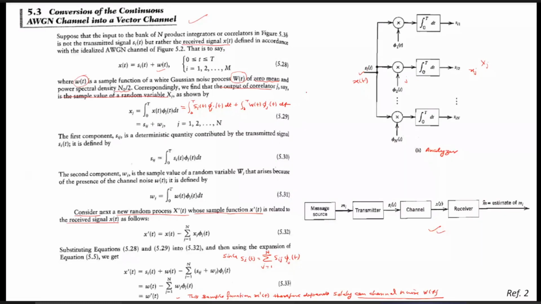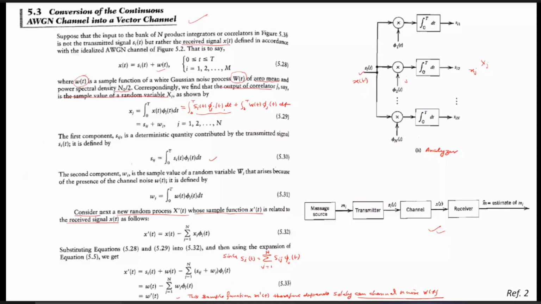So xj is the integral from 0 to T of x(t) phi_j(t) dt, and x(t) is si(t) plus w(t). So we can write it as the integral of si(t) phi_j(t) plus the integral from 0 to T of w(t) phi_j(t). The first factor we represent by sij; these are the coefficients. If there were no noise, the second term would be 0 and the output would be sij only.